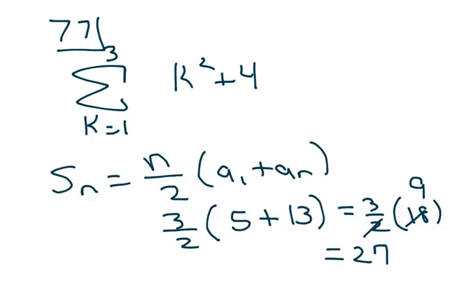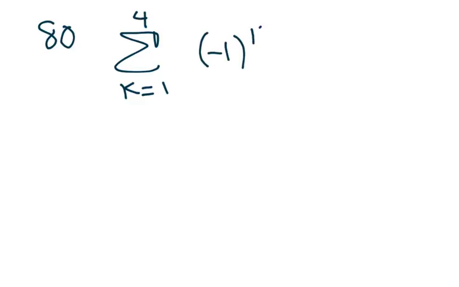And you can do some of the evens. A good one to do would be 80. If you want, I could do 80 for you. Let's look at 80. I have a little extra time if I could hurry up. We have k equals 1 to 4, and we have negative 1 to the k times 3k. So I have 4 terms, so that's 4 over 2.